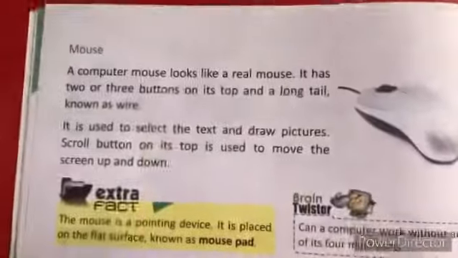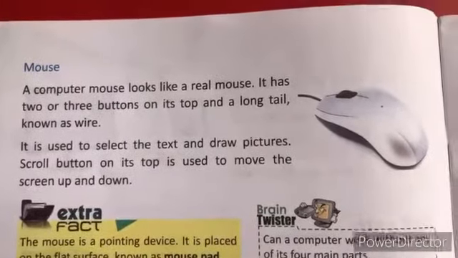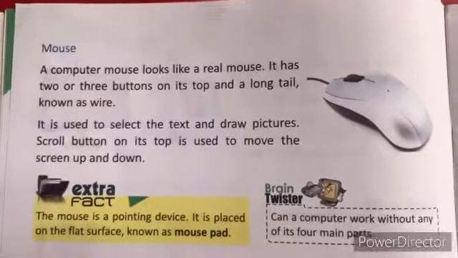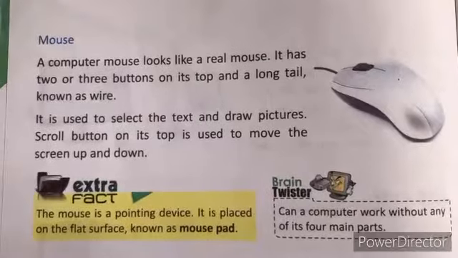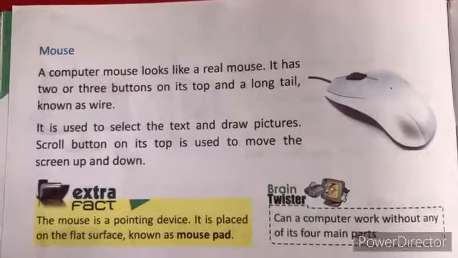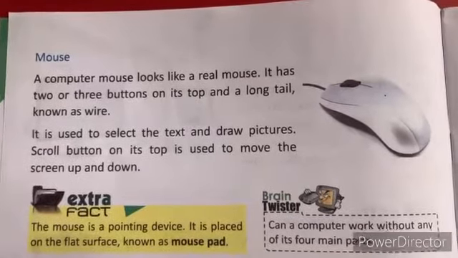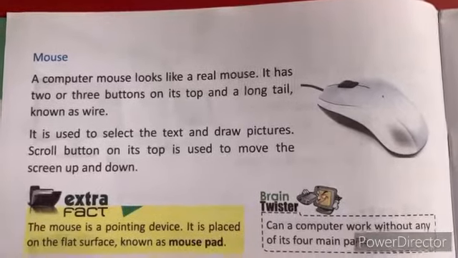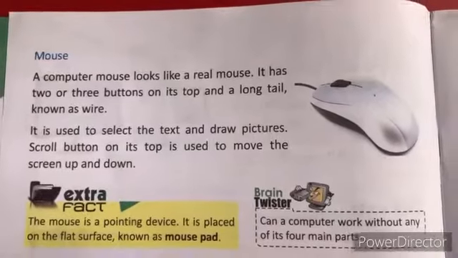I can show you the practical also, right? Next, mouse. A computer mouse looks like a real mouse, a real rat. It has 2 or 3 buttons on its top and a long tail known as a wire.